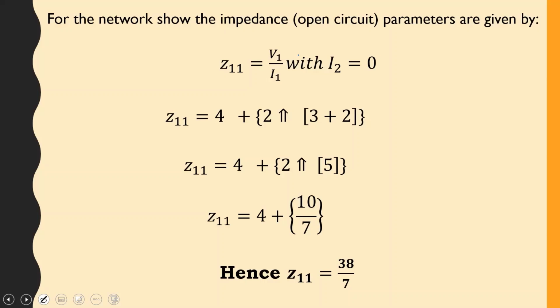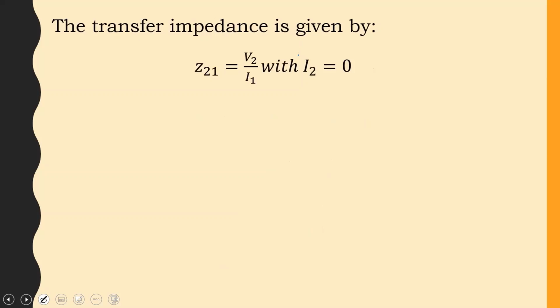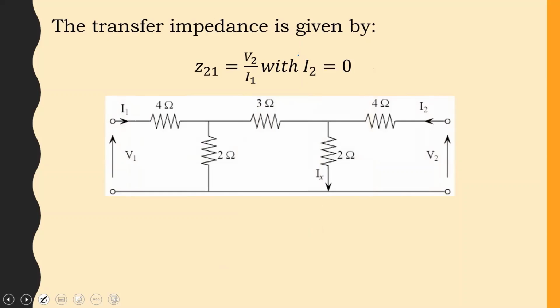For the transfer impedance, Z21, similarly with I2 being equal to 0, meaning we have the open circuit, we want an expression for V2 with respect to I1.